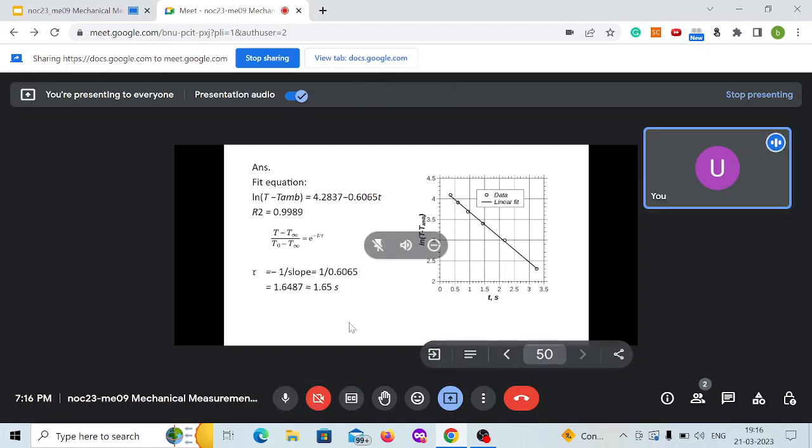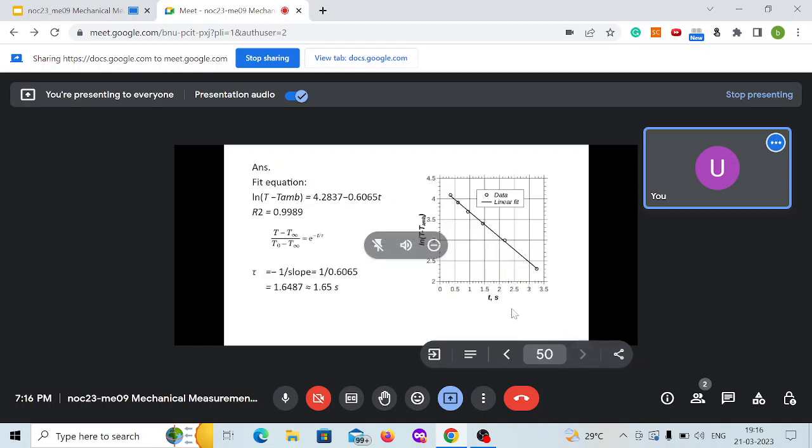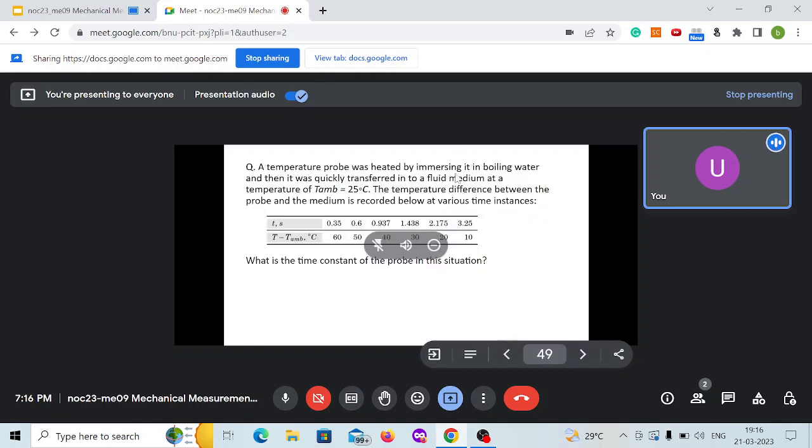In this case, if we approach it like the previous example and substitute t as 30, you can solve the previous example, but here we don't know the actual temperature.